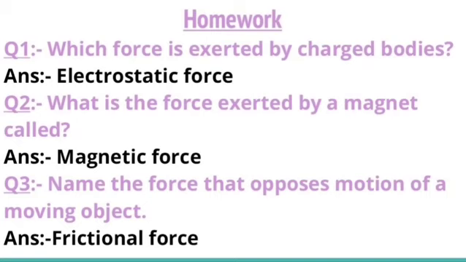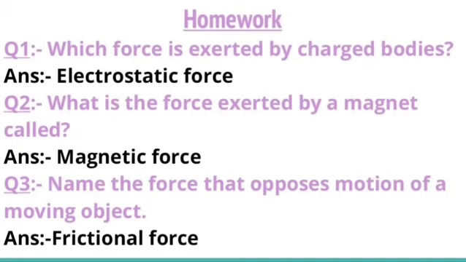Third question, name the force that opposes motion of a moving object. So the answer is frictional force. Frictional force is a force which arises due to contact between two surfaces, and the frictional force opposes the motion of a moving object, and it always acts opposite to the direction of motion of the moving object.